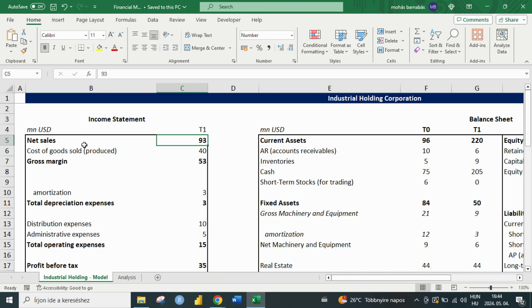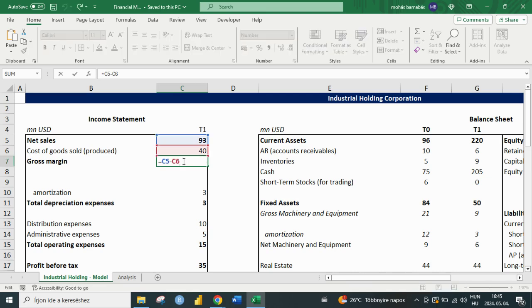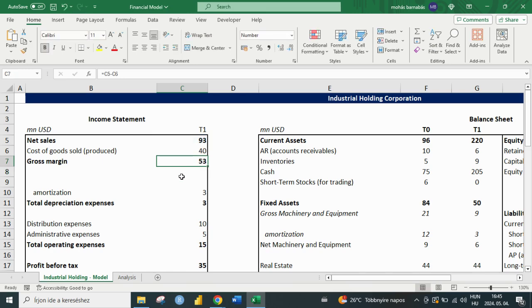In this row, you always write, for example, how many of the key products or services of the client were sold within a year, and the cost of goods sold, in this case, is the production costs of the company linked to the selling of the key products or services of the company. And if you subtract them, you get the gross margin.